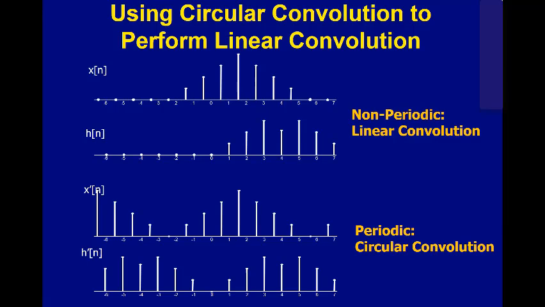Well, why would we ever want to do this? Well, it turns out, just like in continuous time systems, we don't really like doing convolution in the time domain. The computation is cumbersome. It's much more efficient if we do it with transforms, particularly Fourier transforms, and in this case, particularly discrete Fourier transforms, or FFTs, fast Fourier transforms.